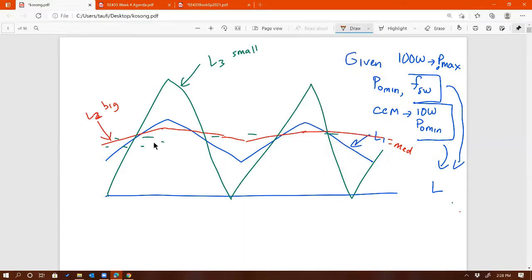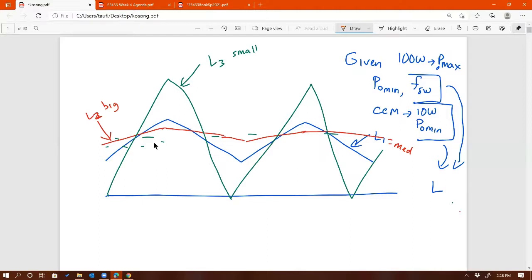If that's the case, then I get something like this. So you can see the trade-off of having smaller to bigger inductance. But what I'm trying to get at is this. I'm going to erase the orange one right there.